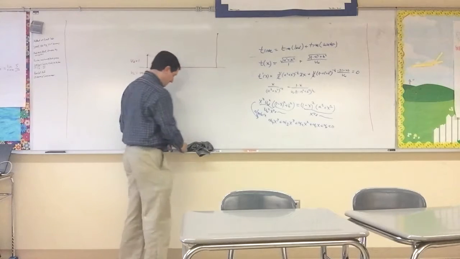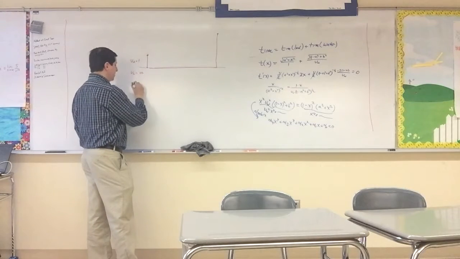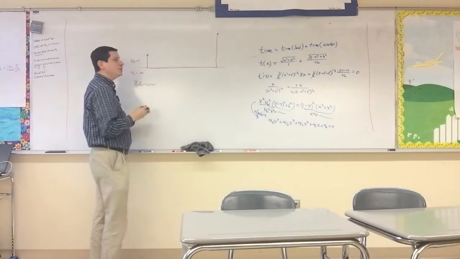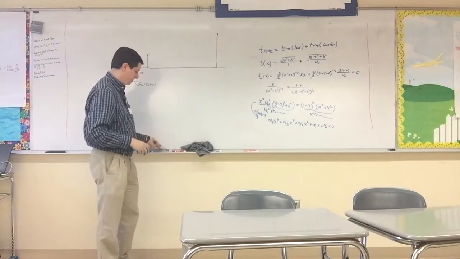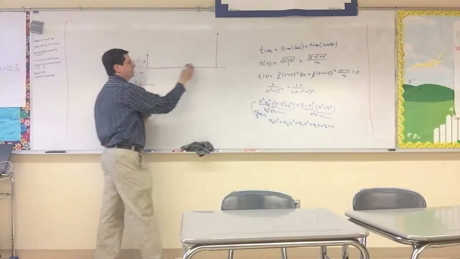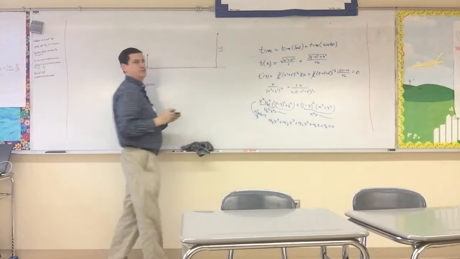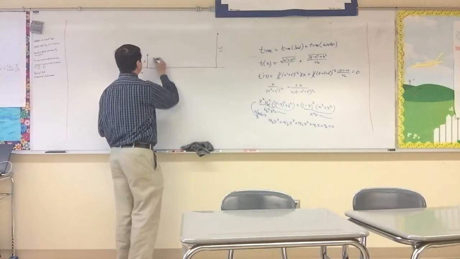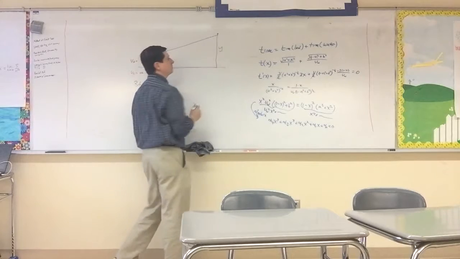So what's going to happen is there's going to be a bifurcation. When you look at the path the dog takes, let's say this is going to be x units, this is going to be y units. And then I have some distance over here.